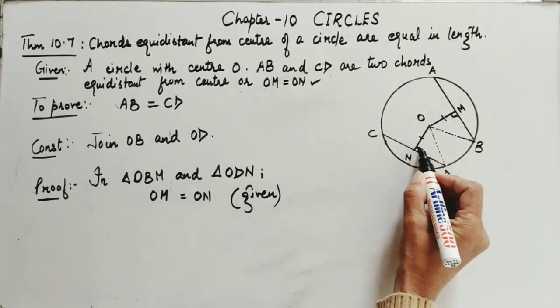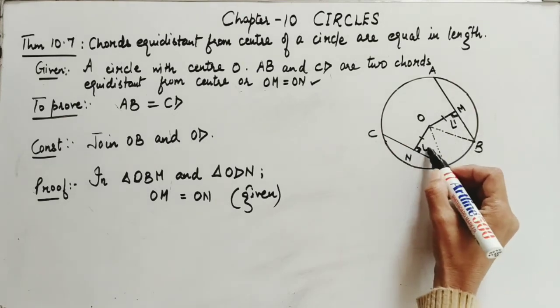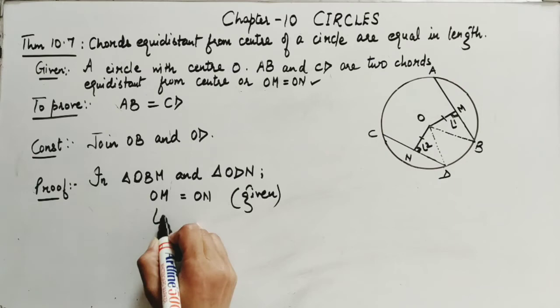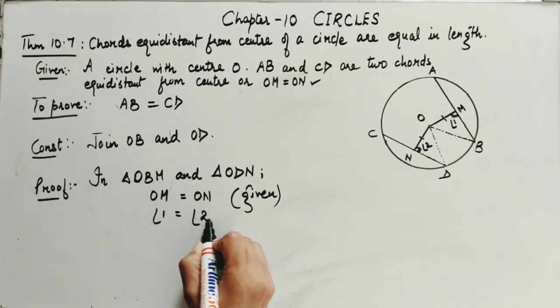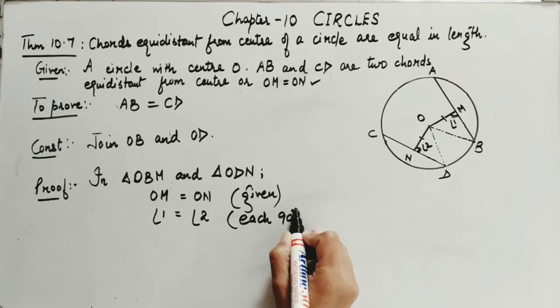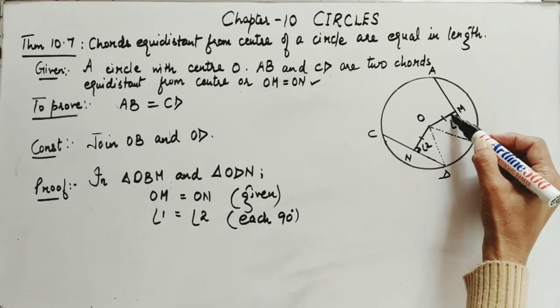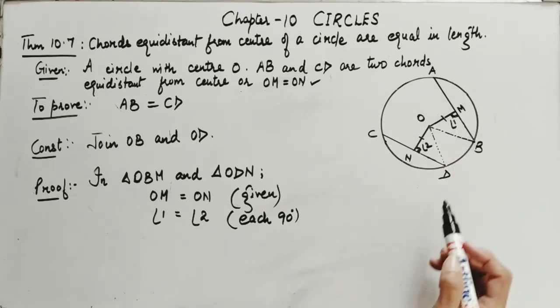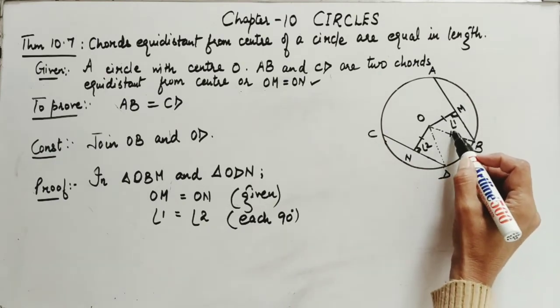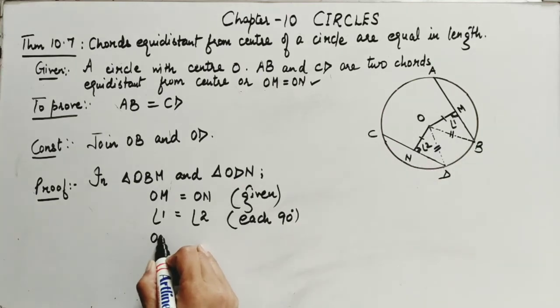Then angle of 90, let me mark them as angle 1 and angle 2. Angle 1 is equal to angle 2, each 90. You can either mention the angles using all three vertices, or just to save time you can mark them by numbers. Choice is yours. And then comes the radii. OB is equal to OD.